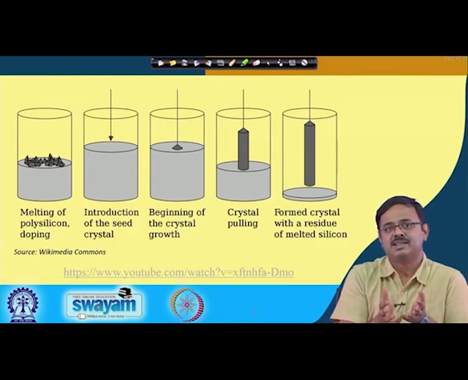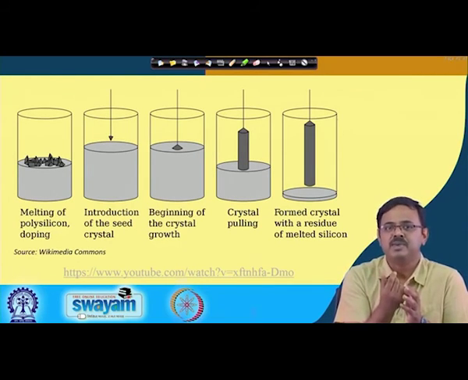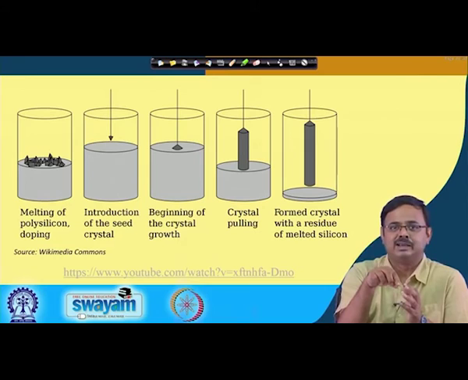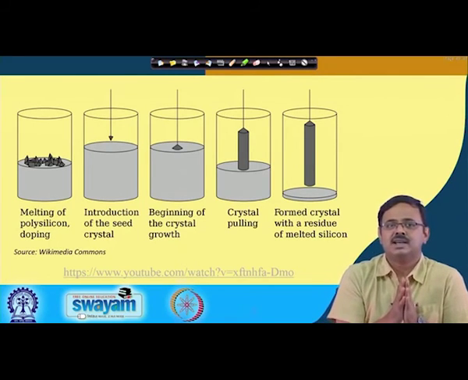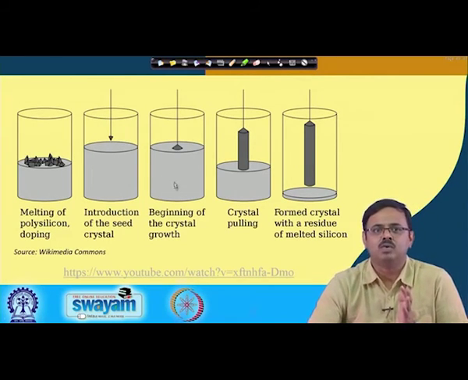Here it's the same thing, except that the rotating piece is the stick, which contains the seed crystal, instead of the crucible. All right. So once this ingot comes out, see how big it can be.